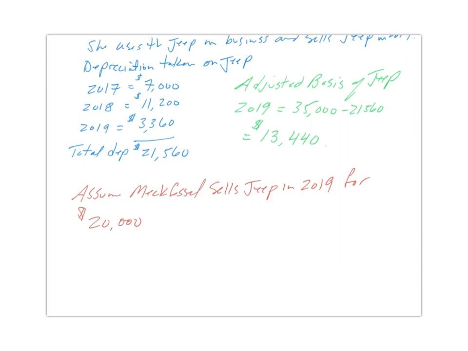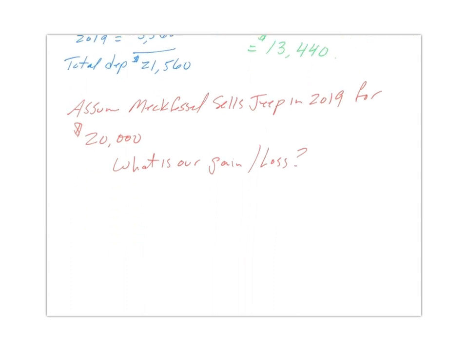All right, so now what is our gain or loss? We have amount received is $20,000 minus our adjusted basis equals $13,440.